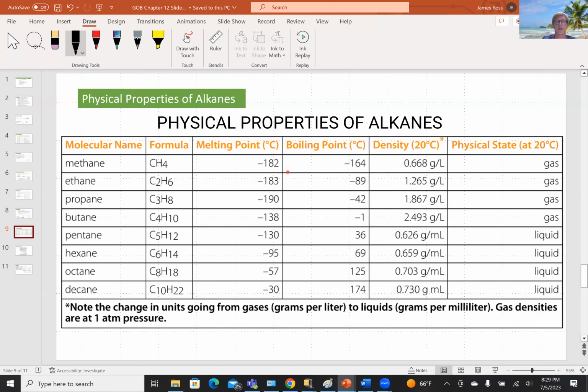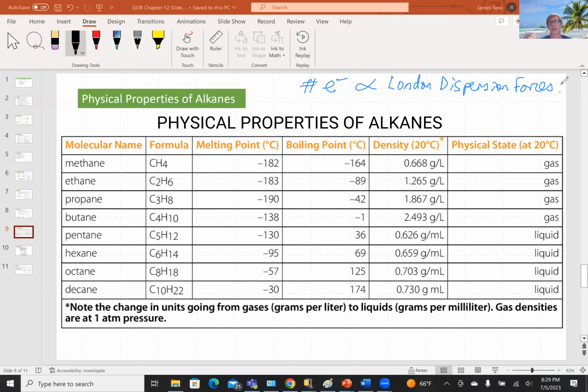So number of electrons, it's actually the electrons that's doing it, are proportional to something called London dispersion forces. So London dispersion forces are the only intermolecular force present in alkanes. So intermolecular forces are what bind adjacent molecules together.